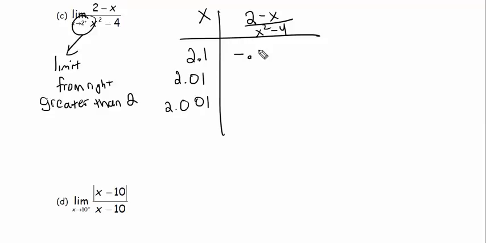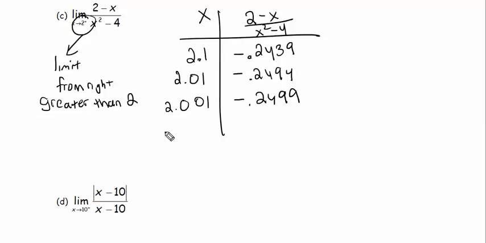So if I plug in these, I get 0.2439, negative 0.2494, negative 0.2499. And I really want you to think about how this is different than maybe the ones that we just did in the previous example, because these numbers are not getting to be very, very small necessarily.